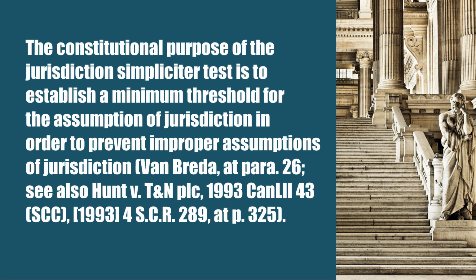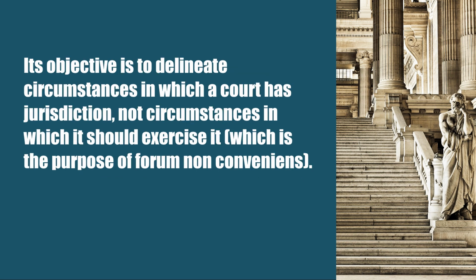The constitutional purpose of the jurisdiction simpliciter test is to establish a minimum threshold for the assumption of jurisdiction in order to prevent improper assumption of jurisdiction. Its objective is to delineate circumstances in which a court has jurisdiction, not circumstances in which it should exercise it, which is the purpose of forum non conveniens.